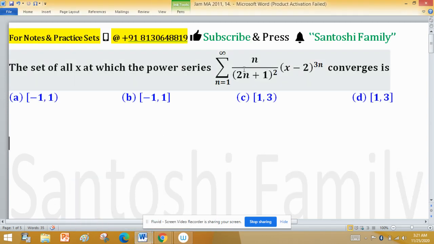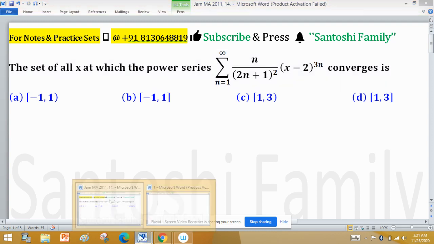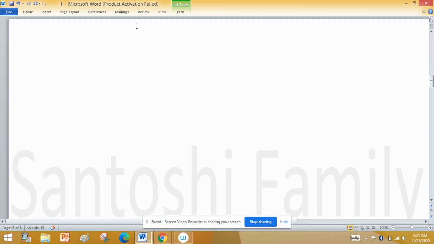So put x equal to 1 in this power series, n upon (2n plus 1) whole square, (x minus 2) raised to the power 3n. When x is 1, (minus 1) raised to the power 3n will come here.